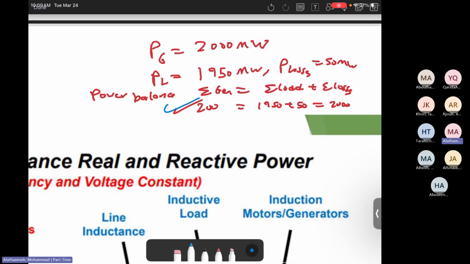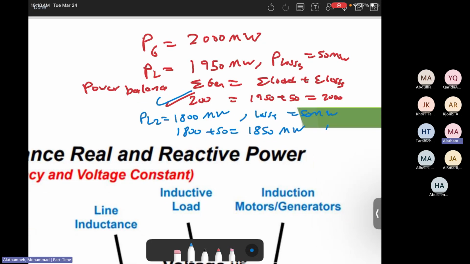Now, in this scenario, let's assume there is a fault going on and the load has decreased significantly to P load 2, I would say 1800 megawatts. The losses remain the same, 50 megawatts. So when you do the sum, 1800 plus 50 will be 1850 megawatts.